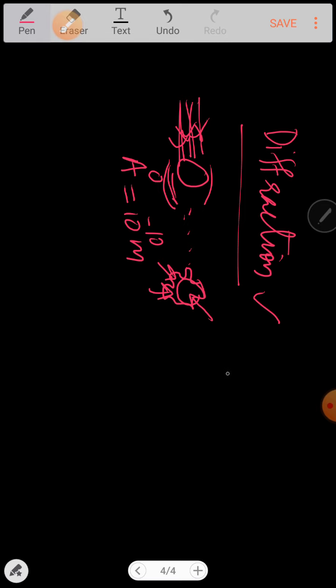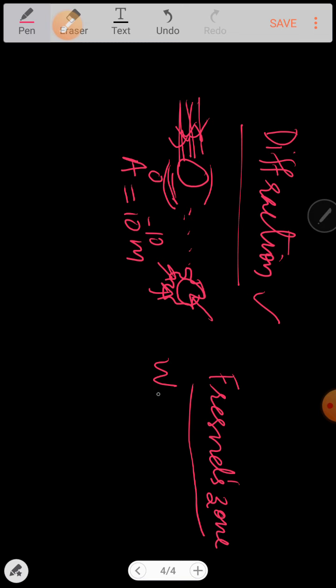And here we need to know about Fresnel's zone concept. Before that, we need to know what a wavefront is. A wavefront is a collection of points having the same state of vibration.